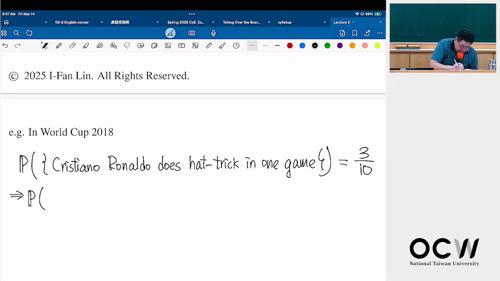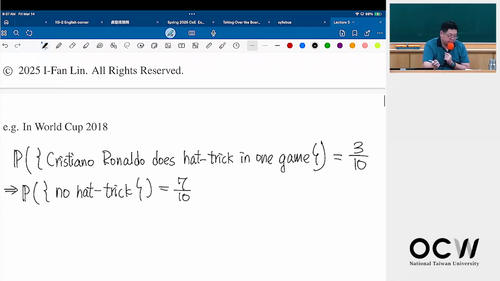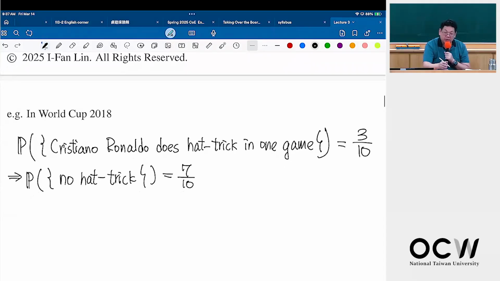That is, according to the property or the axiom of the probability, that means no hat trick for one game is 70%. Because overall it's 1. It should be 1.